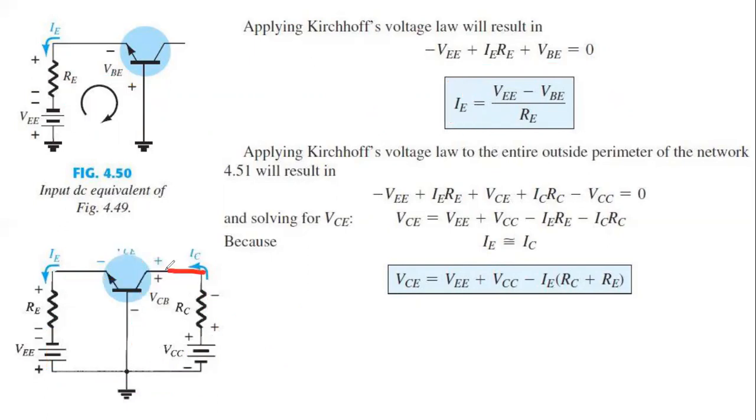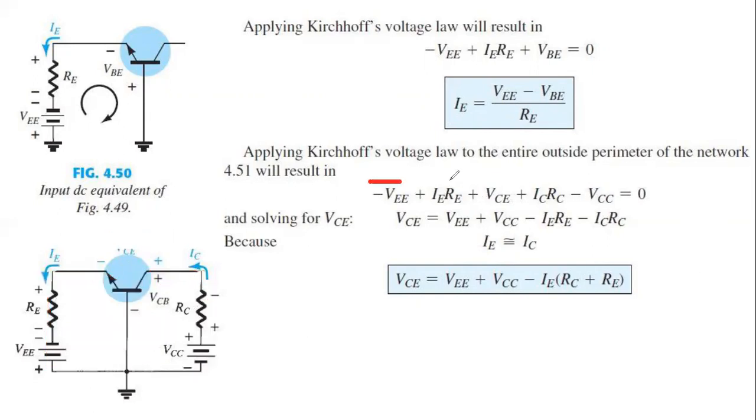The output voltage is VCB now. So to find out the VCE, we need to apply the KVL to the total outer loop, and we'll find these equations.